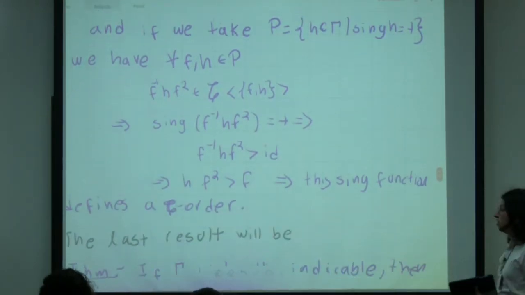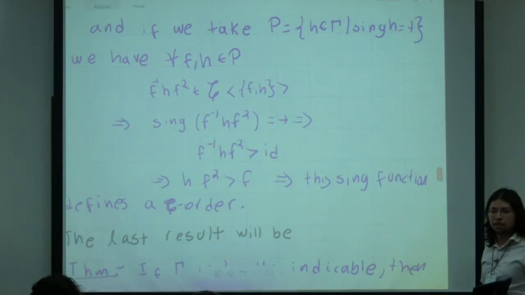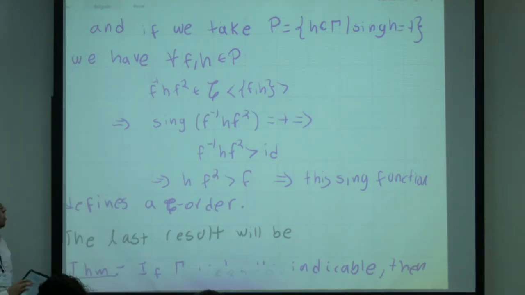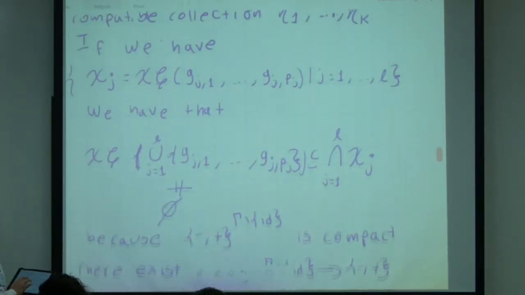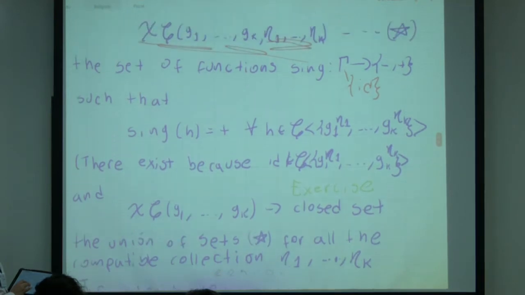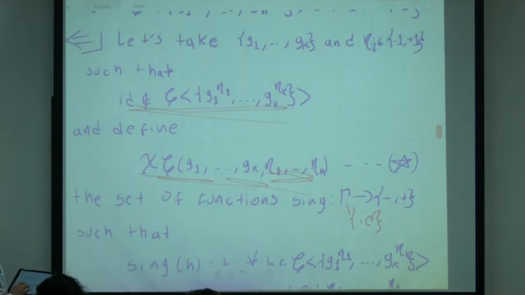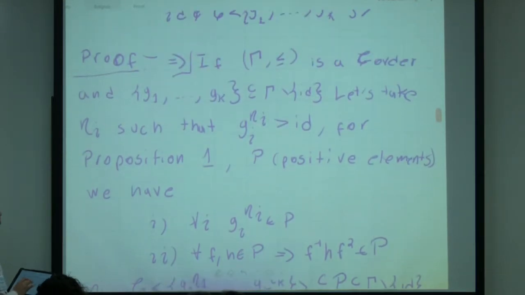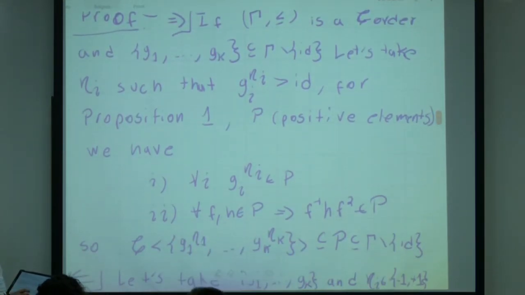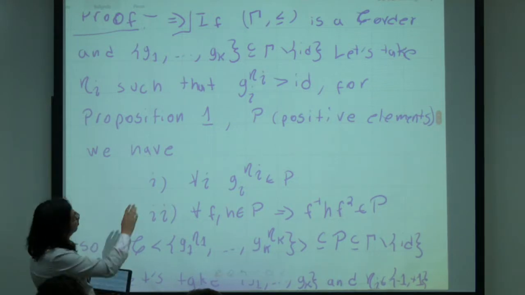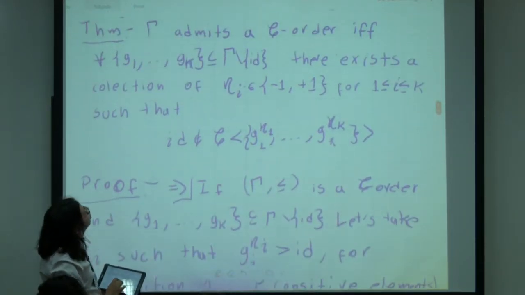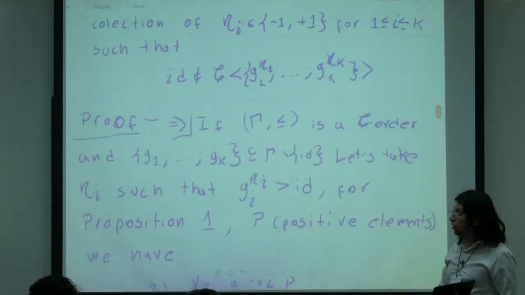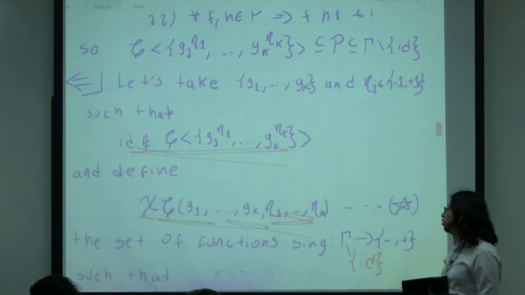So this must be a Conrad order. Okay? So if we have this weird condition about the choice of suitable exponents for every finite family in here, such that we can have this, there is a Conrad order defined by this in all the group.